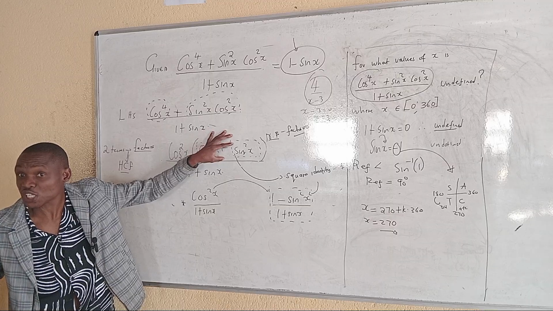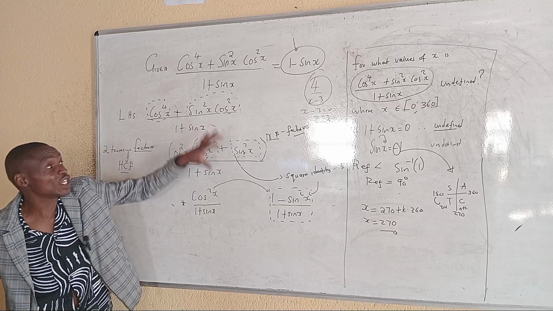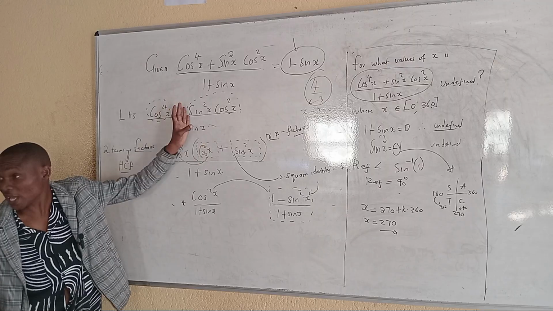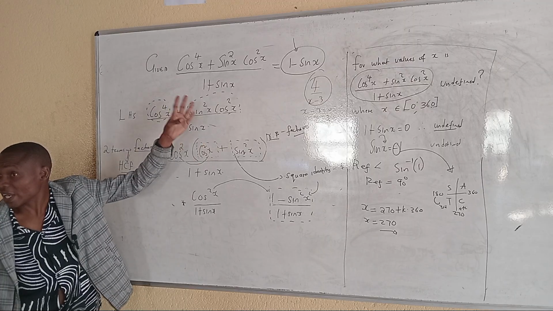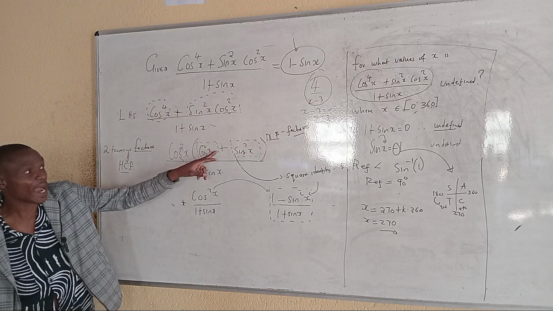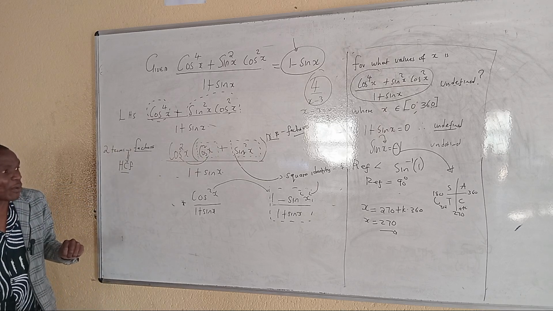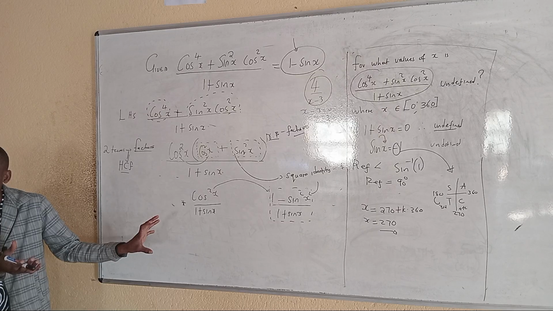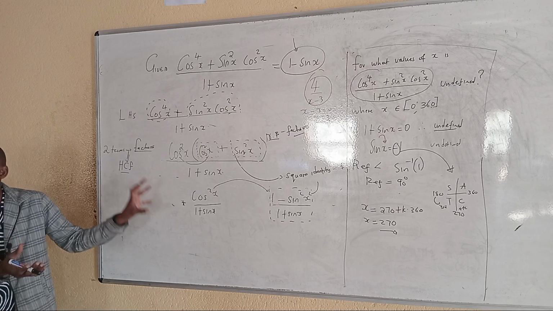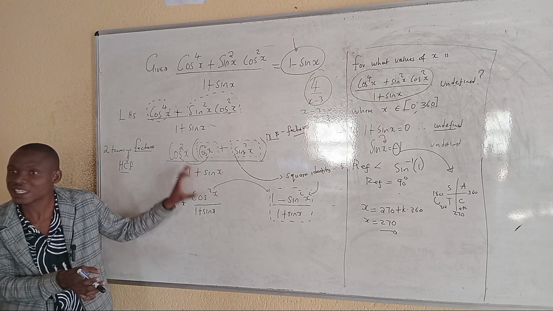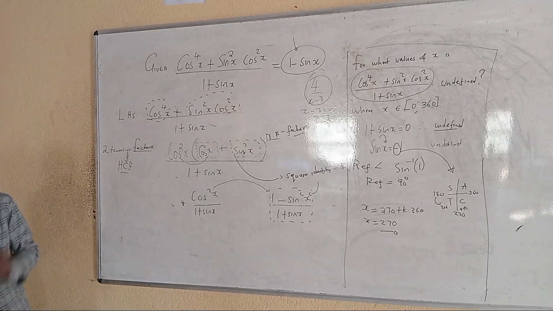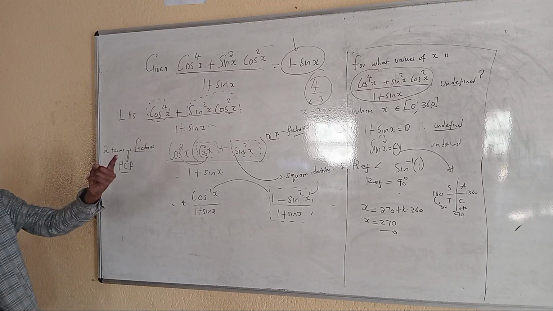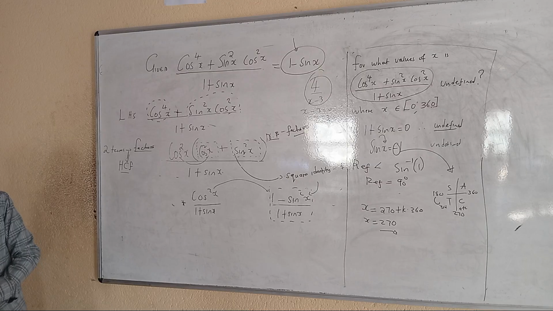Identities are important when you prove that the left hand side is equal to the right hand side. This is a square identity. There are some identities that we did not use for now. We did not use the quotient identity, which says tan is sine over cos.